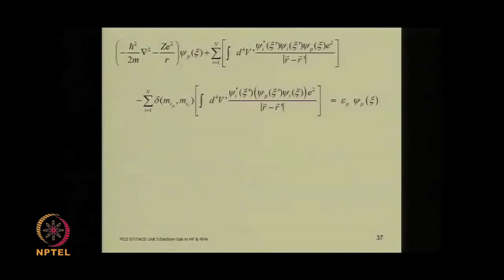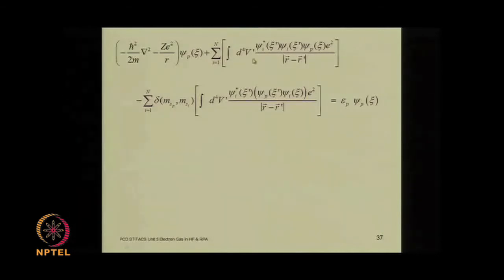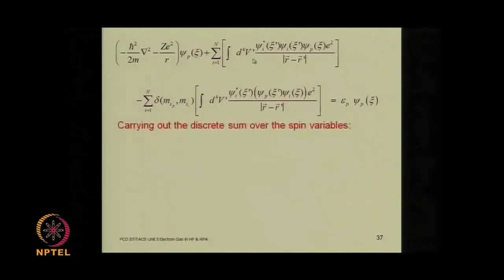So here we are, we have these integrals inclusive of the summation over the spin variables. So let us go ahead and carry out the summation over the spin variables explicitly, and leave the integration over the space variables undone at this point.